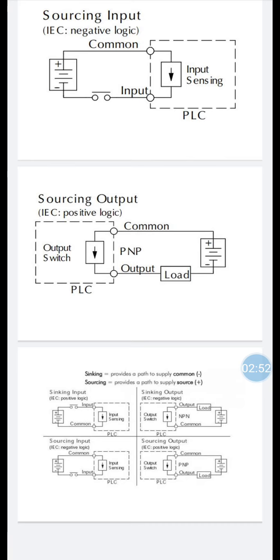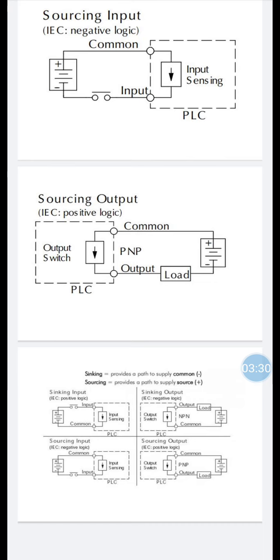Both the terms sink and source refer to the direction of current flow between an input output point on an input output module and the connected device. It is only relevant for DC circuits with positive and negative polarities, since the current flows in both directions in an AC circuit, as you all know.